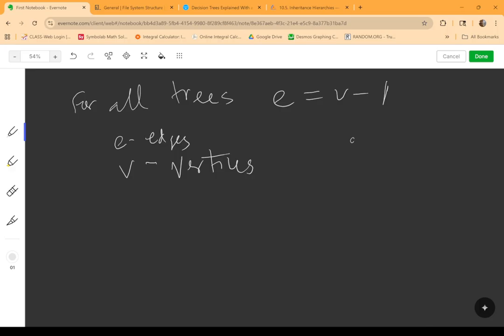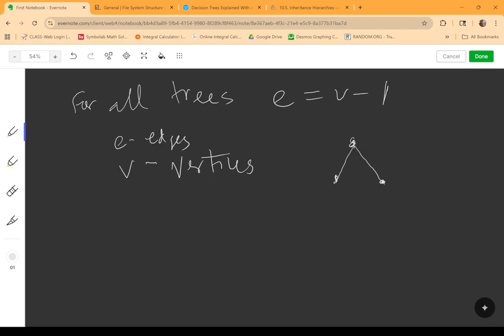Just a couple of things here. Just imagine you had a tree of just two vertices. We see there's one edge, right? And no matter where I add another vertex, I just added an edge.